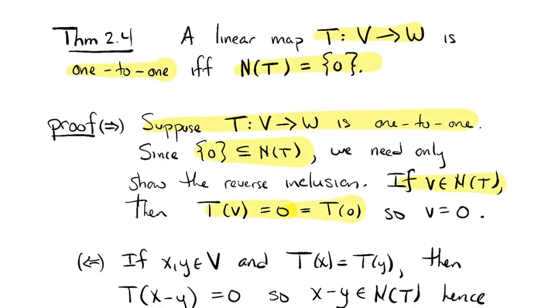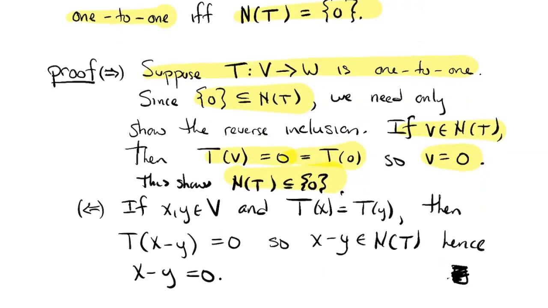But since T of 0 is also 0, that means T of v is equal to T of 0. Well, T is one-to-one, so that means v is 0. All right, so that shows that the null space of T is also a subset of {0}. So those two inclusions together give us the equality. Nice.